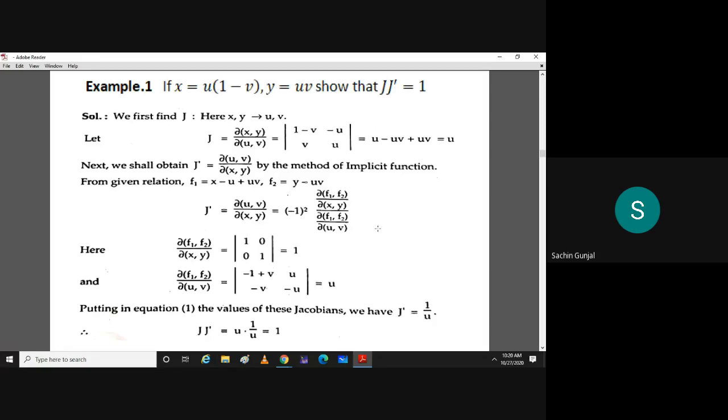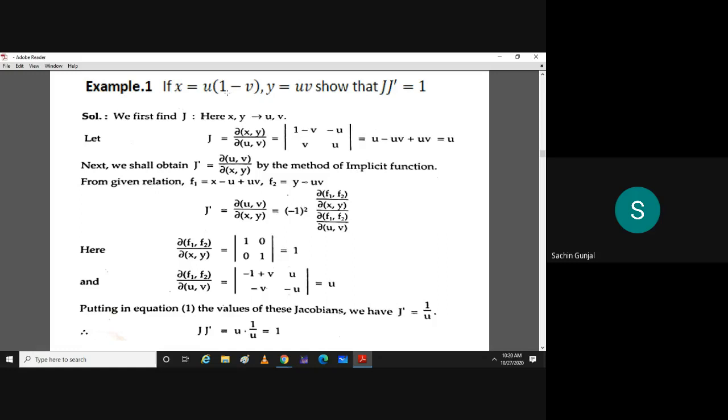By the way, there was a second choice also: writing u as a function of x and y. If you multiply this u inside the bracket, x is equal to u minus uv. So uv is nothing but y, so x is equal to u minus y.